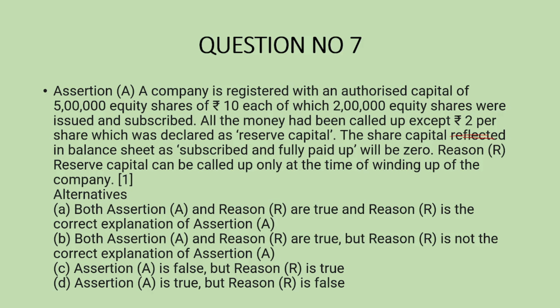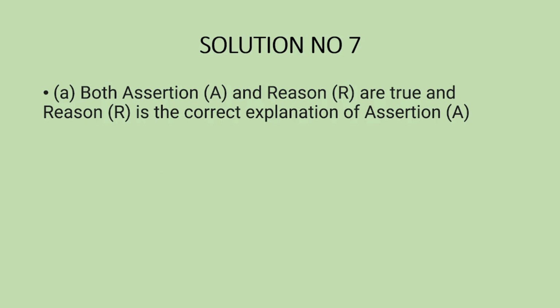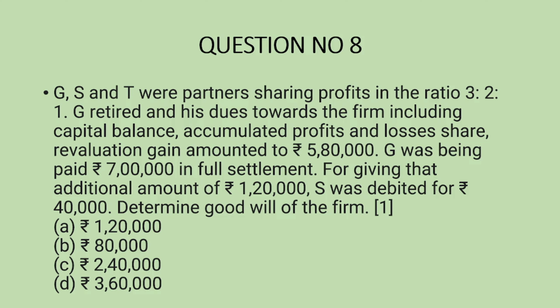Assertion A is true, but reason is false. The correct answer will be both assertion A and reason R are true, and reason R is the correct explanation of assertion A. Now we move on to question number 8.